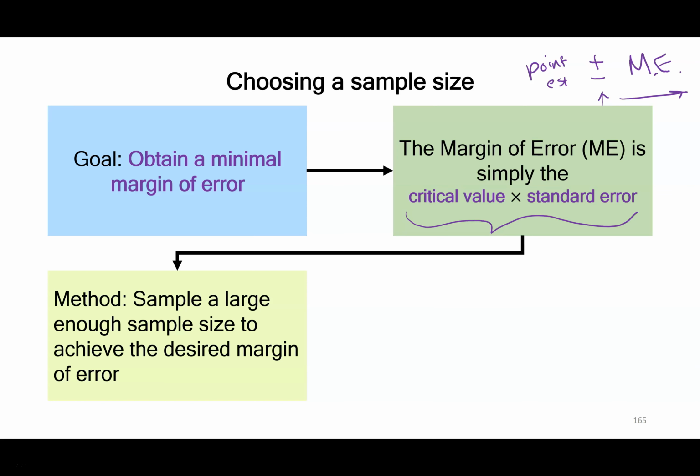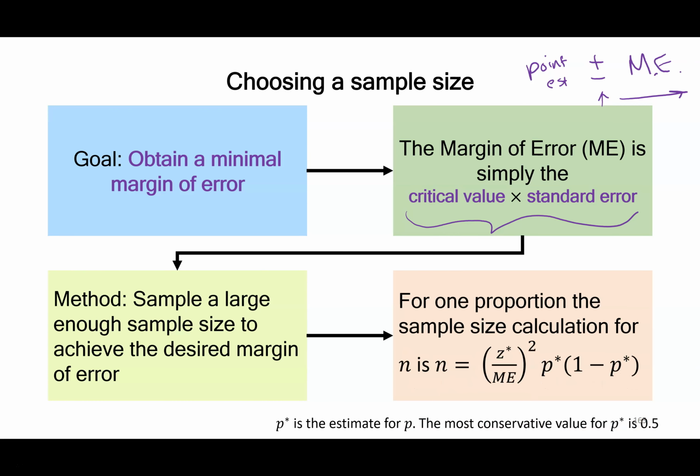So you need to have a big enough sample size to ensure that you have whatever level of confidence you set, and that your interval isn't any wider than the value you specified. And so we're going to end up using this notation here. So the z star over your margin of error, so whatever you set, and it's in proportions, squared, times p star times 1 minus p star.